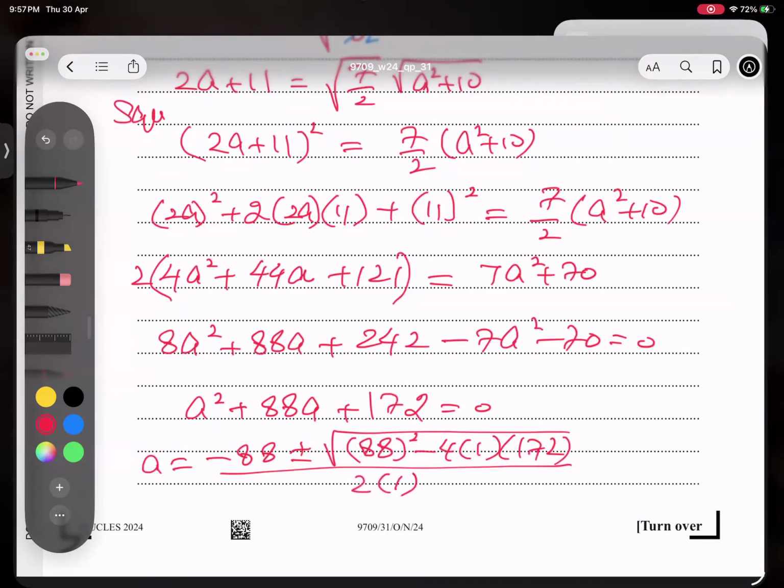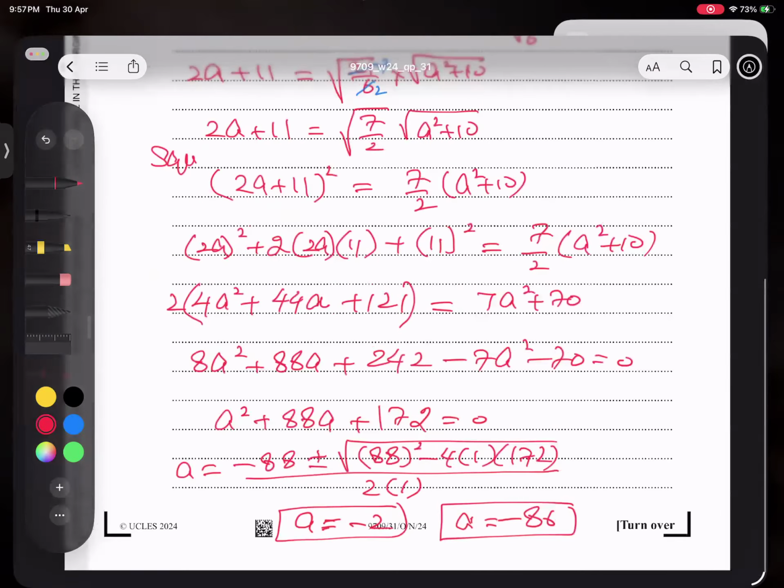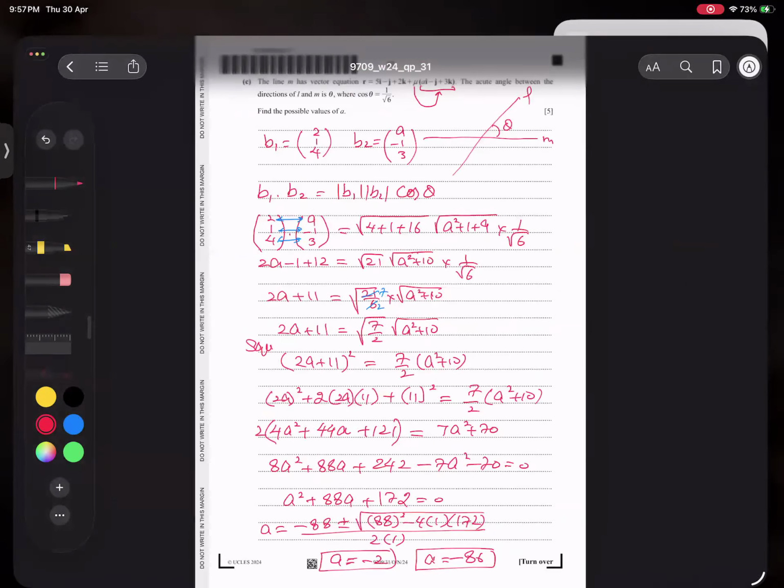One time I just show this and give the direct answer, no problem at all. Using your calculator you can get the answers. The two answers I'm getting from my calculator, with a, b, c values 1, 88, 172, are negative 2 and negative 86. I hope the concept is very clear and we have done this question completely.